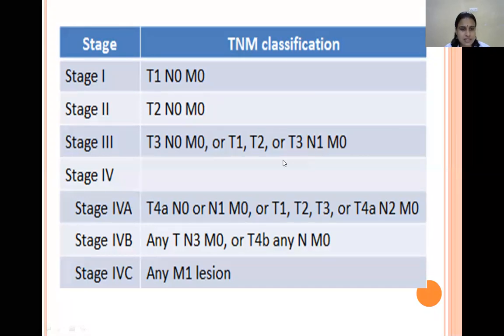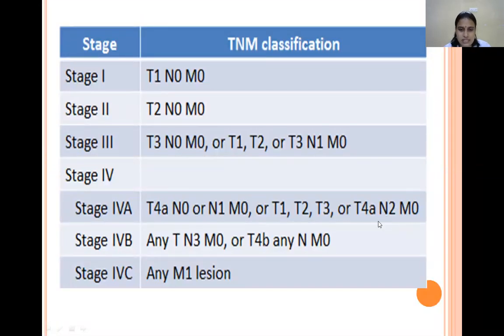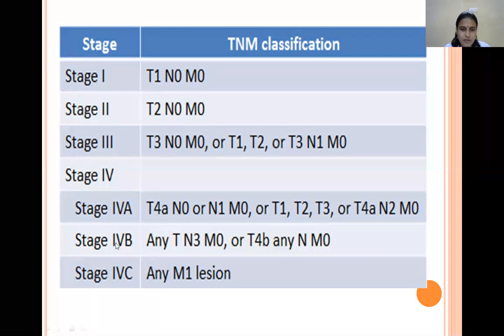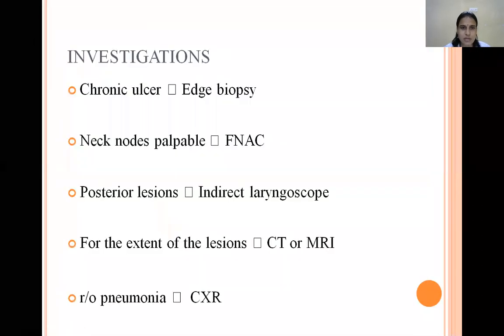Stage 4A is either the tumor size is more than 6 centimeters and involving adjacent structures, that is T4, or T1, 2 or 3 with N2 disease, that is 4 to 6 centimeters nodal size on the same side or the opposite side. 4B will be N3. Now 4C is distant metastasis present, which is advanced carcinoma.